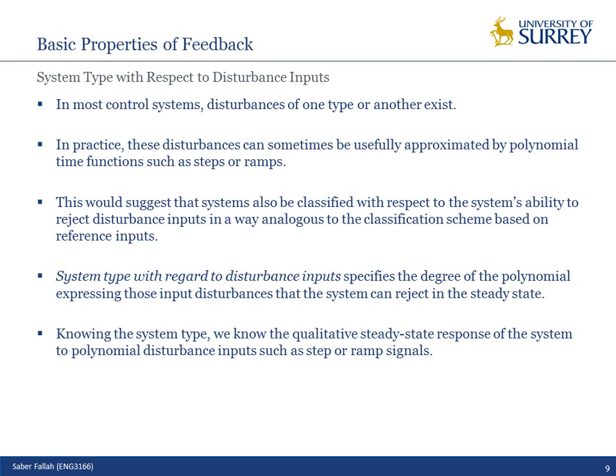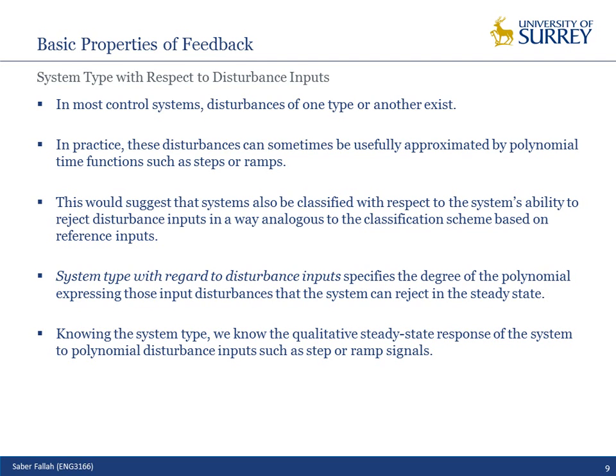Zero. Why? Because what was the definition of the disturbance signal? An unwanted signal. It will deteriorate the response of my system. I want to reject it as much as possible.